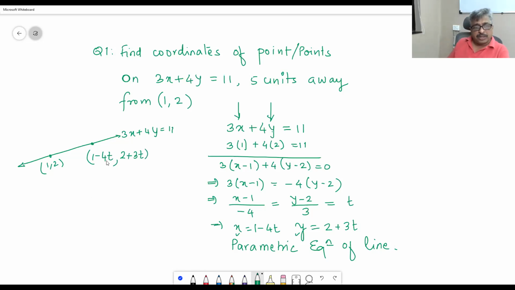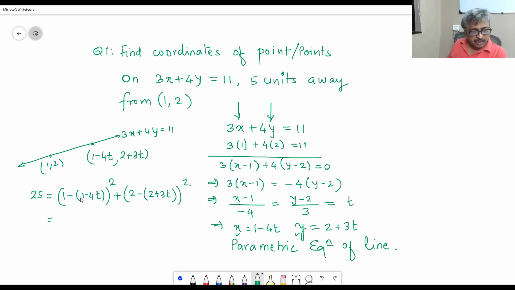Okay, and now you want the distance between these two points to be 5 units. So 25 is equal to (1 minus 4t minus 1) squared plus (2 plus 3t minus 2) squared. I'm using the distance formula now. Very good.